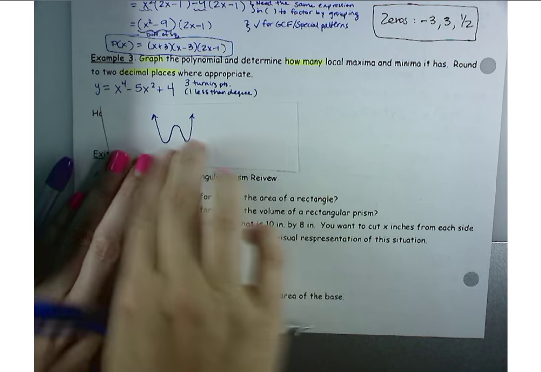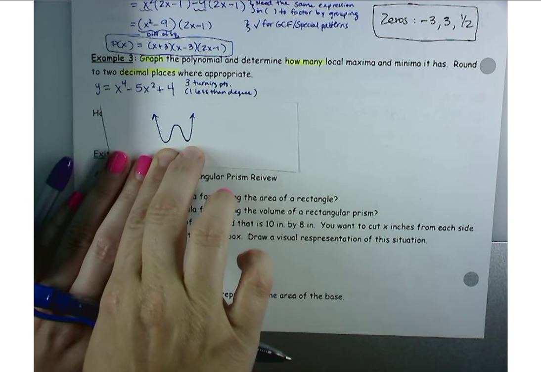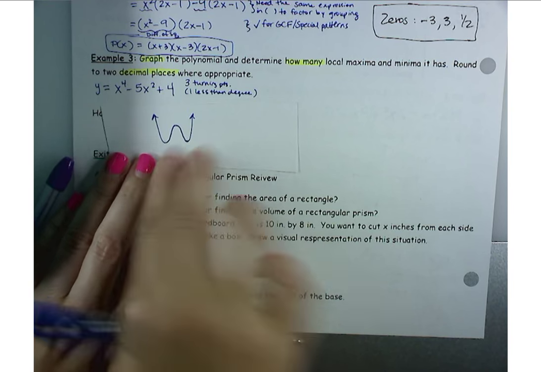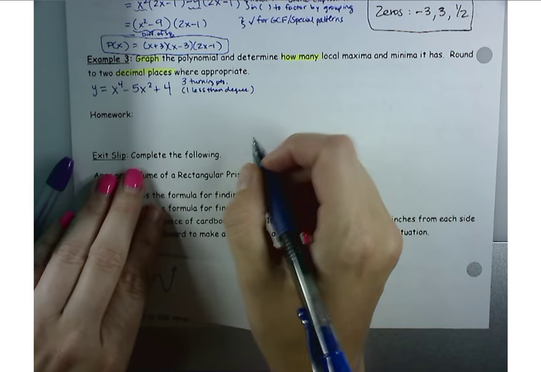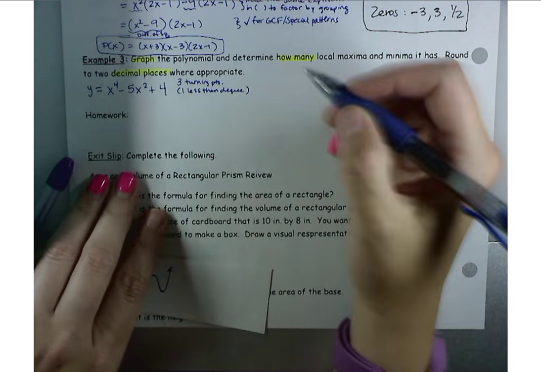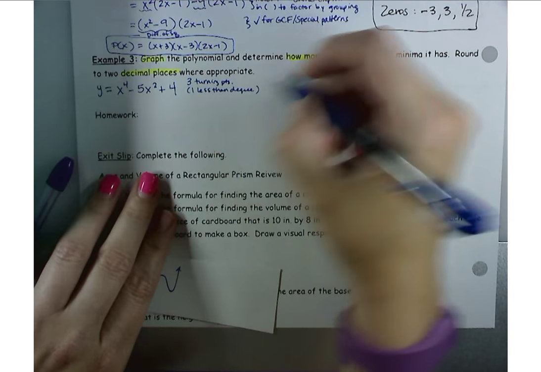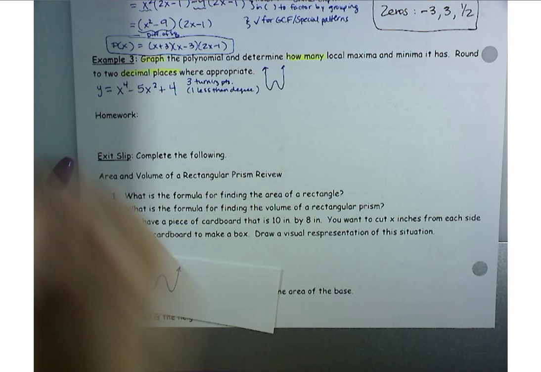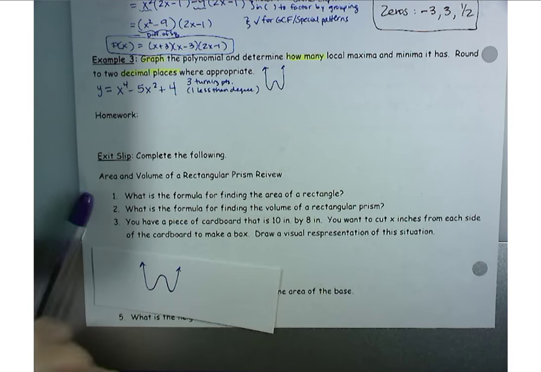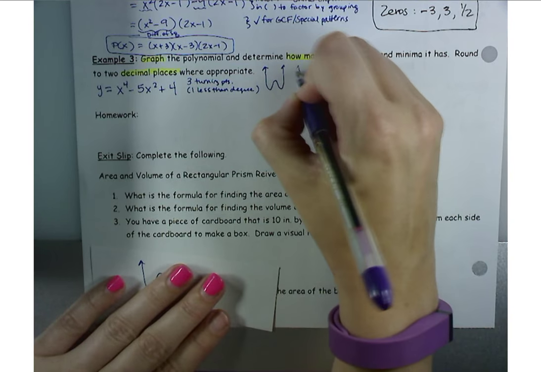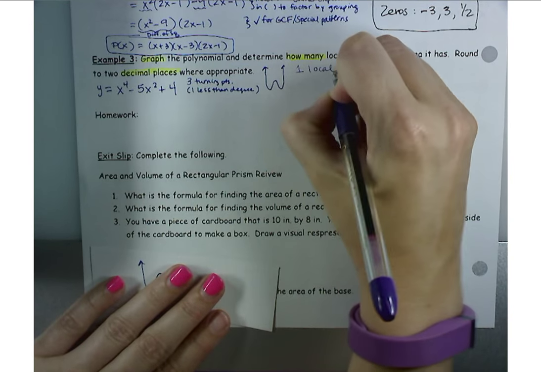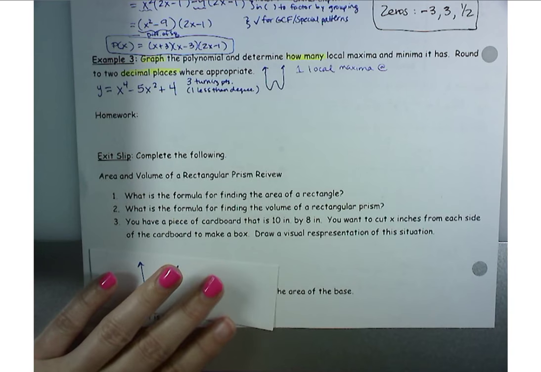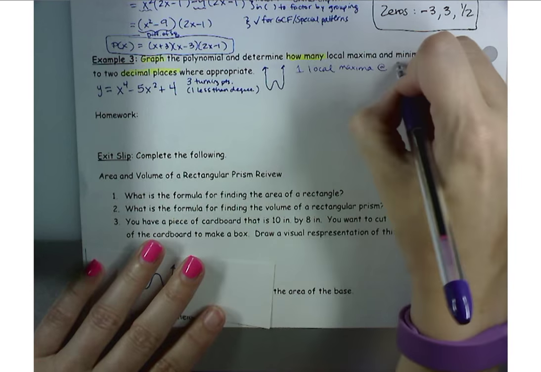So you'll have 2 minima, and you'll have 1 local max. So then I just drew a little picture. Let's see what that is. So you're going to have 1 local max, maxima at, and you can write that as a point.